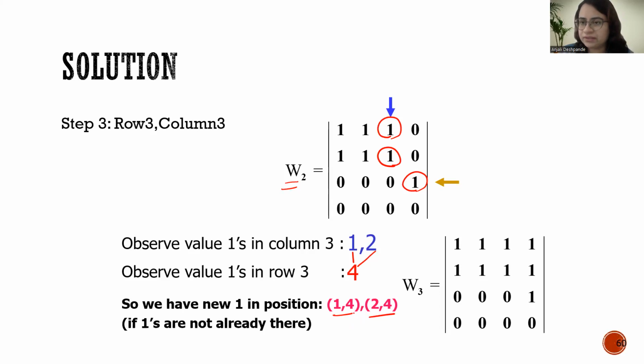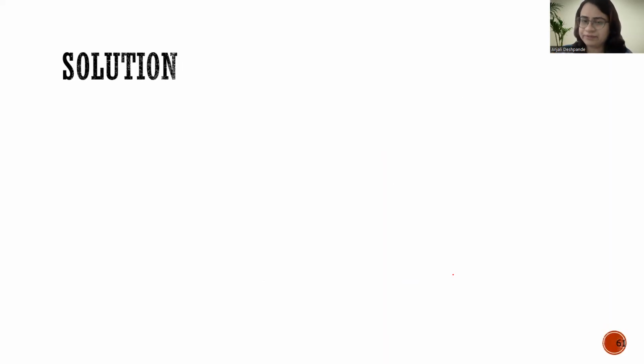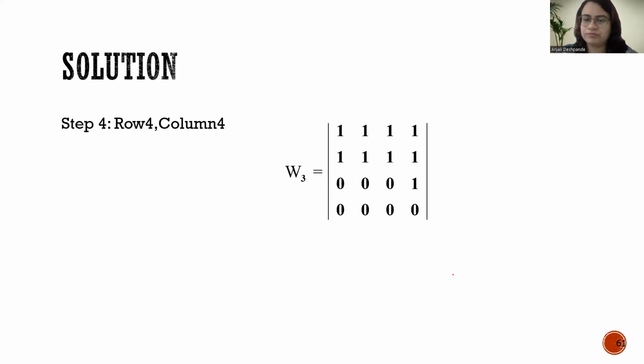And I will obtain the new matrix W3. So these are the positions that are updated after making this position as 1. So 1, 4 and 2, 4. Fine. Now you obtain W3. Consider the same W3, pass it to the next iteration. Now I'll consider row 4 and column 4. So now in W3, the value of ones in column 4 are 1, 2, and 3.